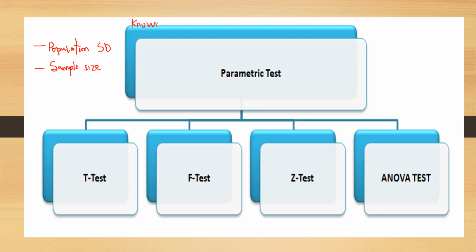Known. You use a z-test. But if unknown, if you don't know the population standard deviation, you use a t-test. That's your student t-test.